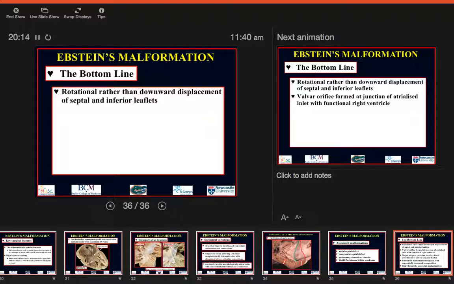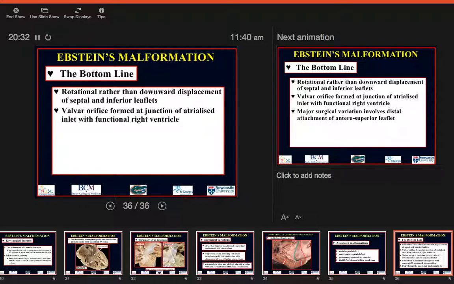So when very shortly I move over to the television camera and I demonstrate Ebstein's malformation, what I'm going to concentrate upon is the rotational displacement. And it is the septal and the inferior leaflets that are involved. And because of that rotational movement, the valvar orifice will look into the infundibulum.